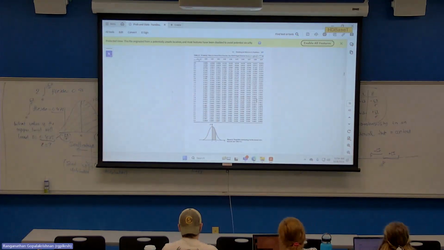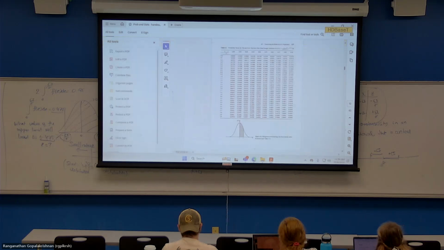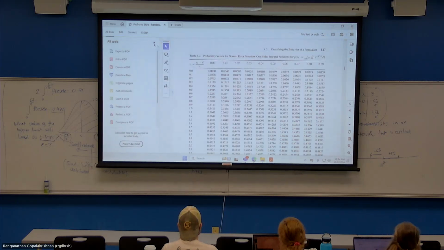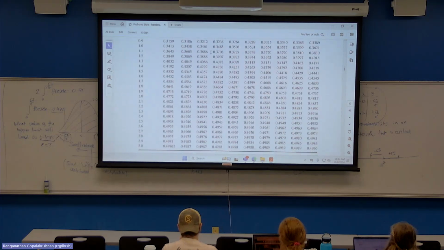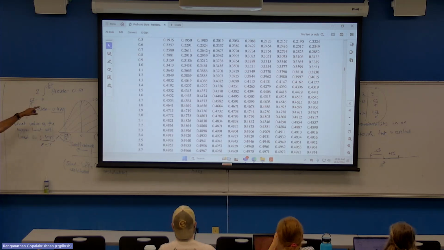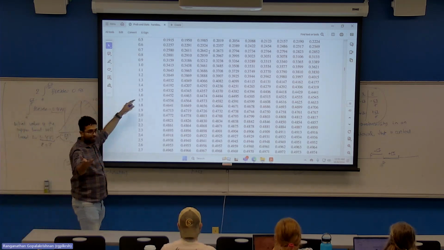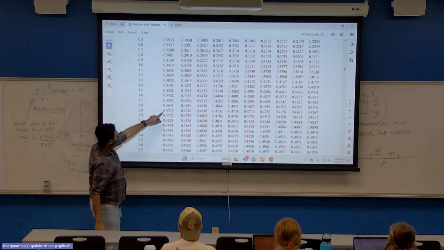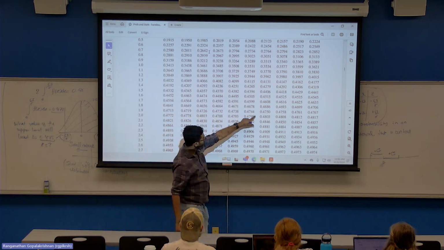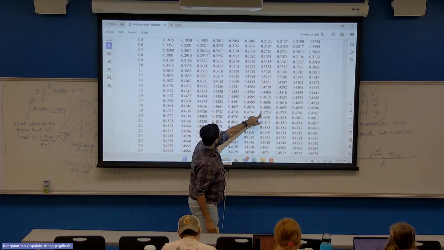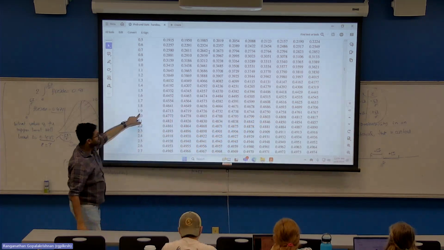So here is the table. I'm looking for 0.475, half of 95%, or half of the probability level. If I do this, I get 4750 here, which is in the line 1.9.